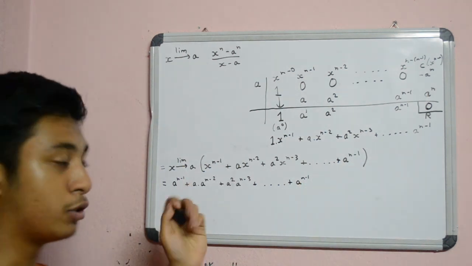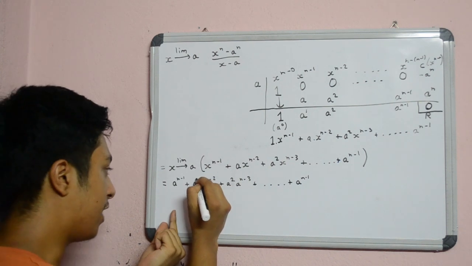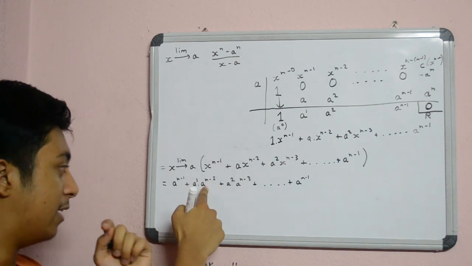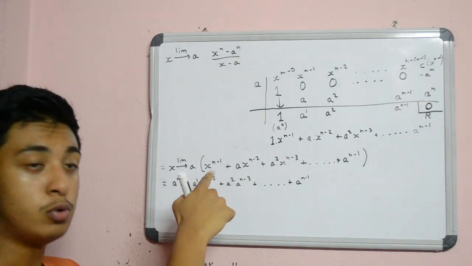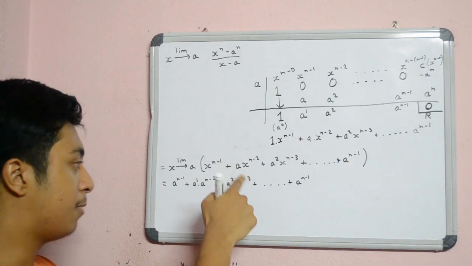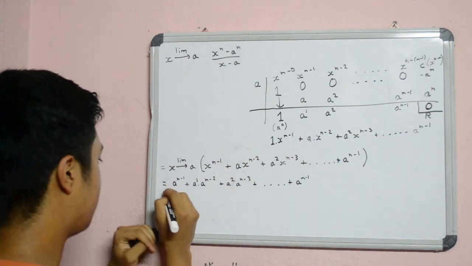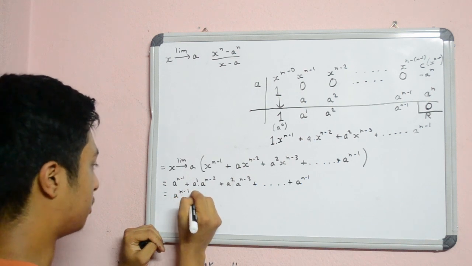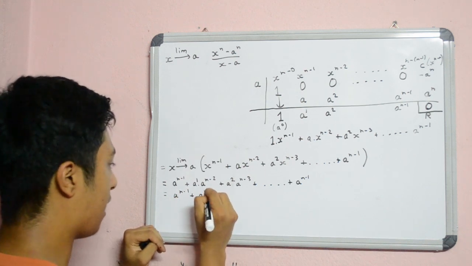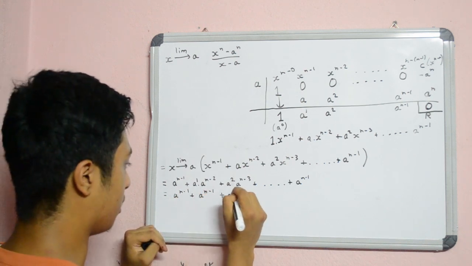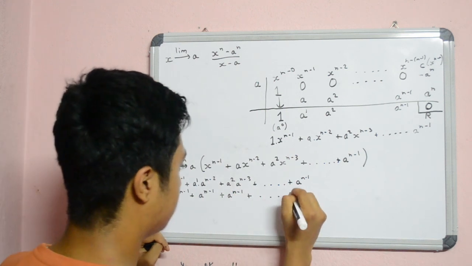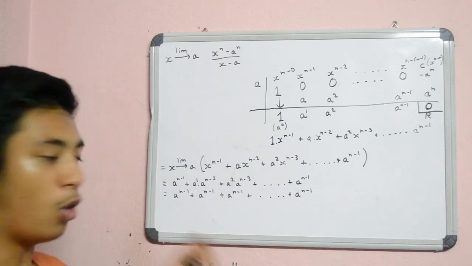Now, due to the indices law, this will be a to the power 1 and this will add. So we'll have a to the power n minus 2 plus 1, a to the power n minus 3 plus 2, and the next a to the power n minus 4 plus 3. So in all of these terms, what we'll eventually have is just a to the power n minus 1, like this. Now, we're almost at the end.